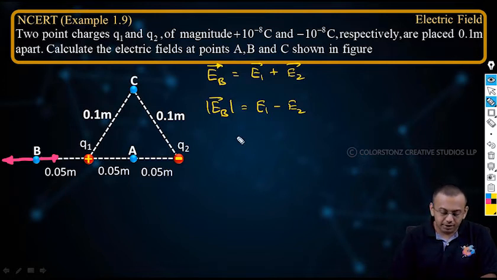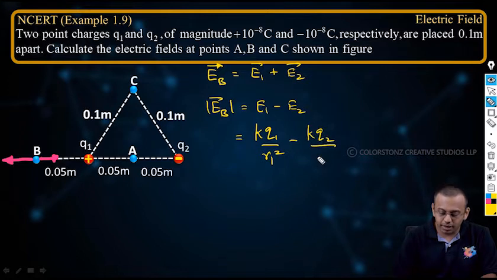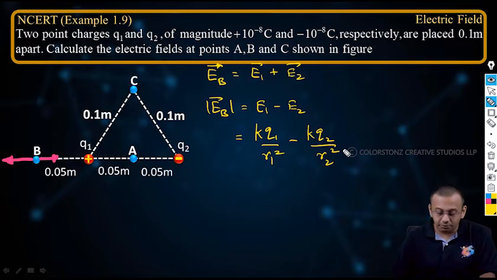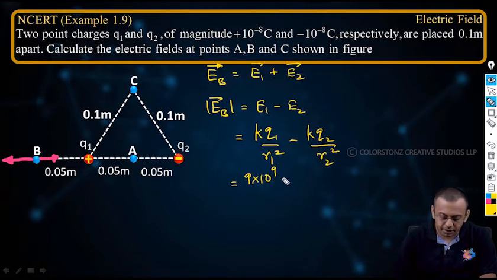So let's do the calculation now. I'll have to write kQ1 by R1 square minus kQ2 by R2 square because the distances are now not the same. They are different. So just put the values. k is common, so I can take out 9 into 10 to the power 9 as the common factor outside.